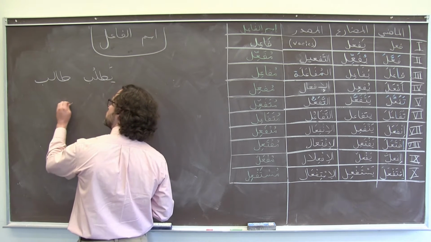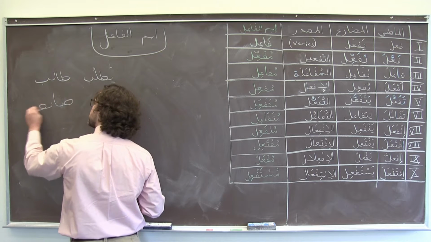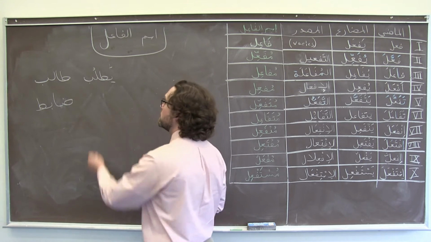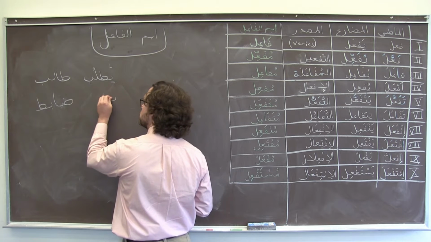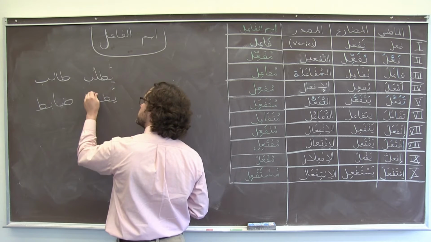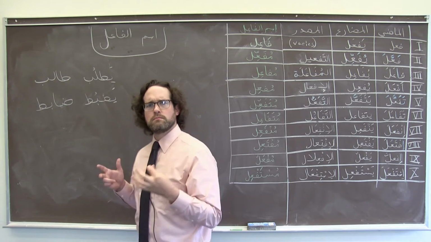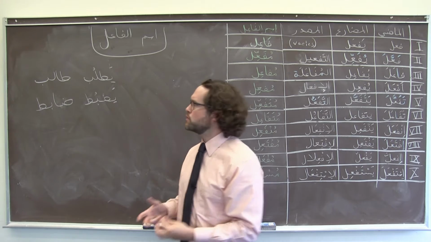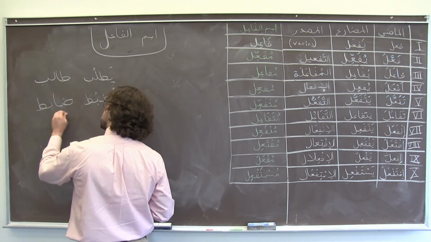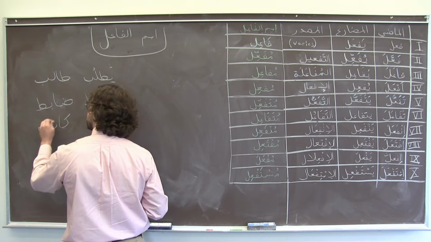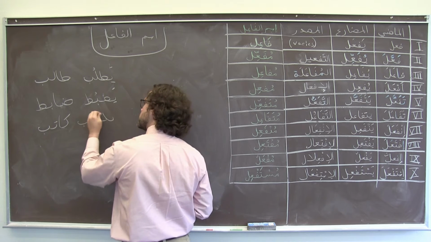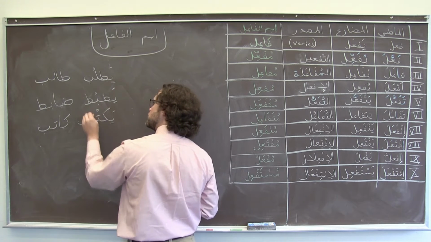You know probably the word ضابط, officer, like in the military or in the police force, and the verb يضبط kind of means to create order, to keep under control. A writer or an author in Arabic would be a katib, from a verb that you probably know, yaktub, to write.